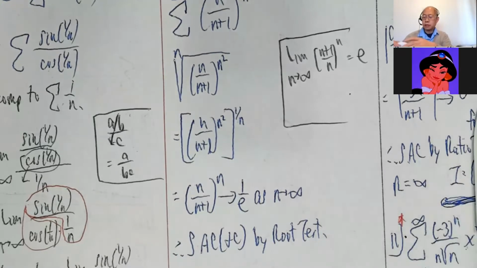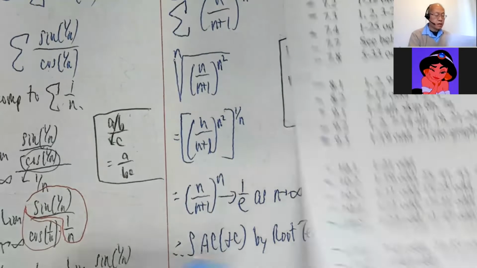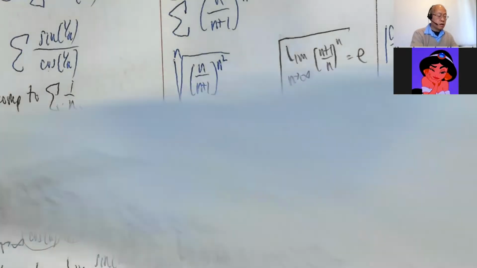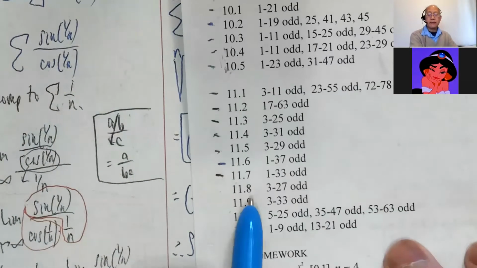Okay, so we did the root test. That's as much as I was going to do from 11.7. I will give you the introduction to 11.8, but it now looks like, I can mark this off, we only have 4 sections left.